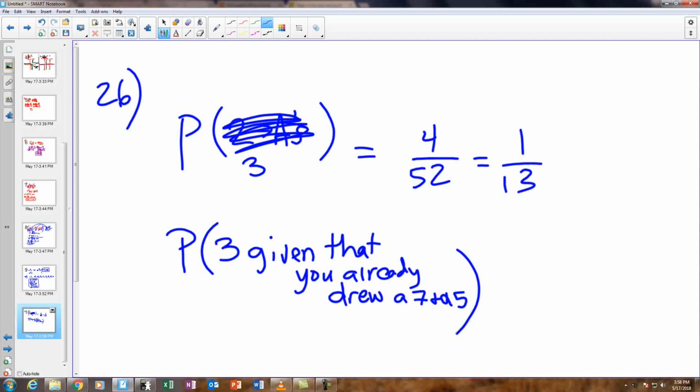Well, have you drawn a 3 yet? The answer is no. So there's still 4 cards to draw from to get that 3. But how many cards are still in the deck? Because you took a 7 and a 5 out, there wouldn't be 52 anymore. There would now be only 50. And that reduces to 2 out of 25. Slightly better chances of drawing a 3 than you had before. Just barely, but slightly.